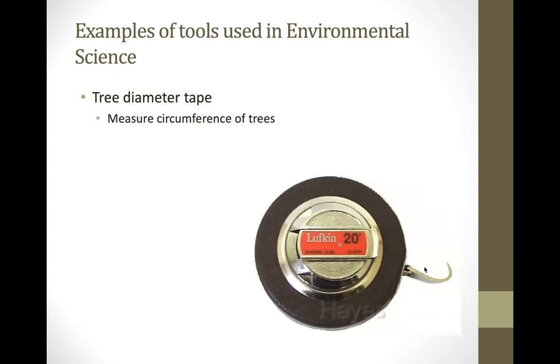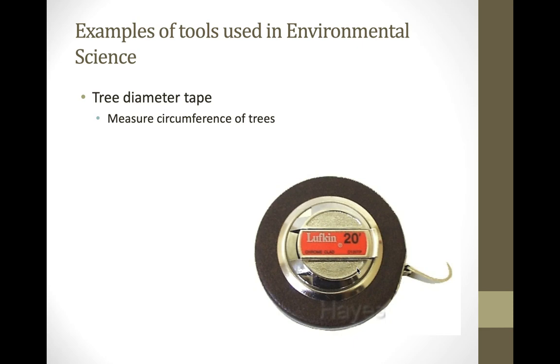This is a tree diameter tape, and a tree diameter tape is literally used to just measure around a tree to see what the circumference of the tree is, how big the actual tree would be. Now, in measuring the circumference of the tree, the way that this tape is set up, it is actually going to give you what the diameter of the tree is, because remember that a lot of those measurements that we're looking at are DBH, which is diameter at breast height, which is about 4.5 feet.